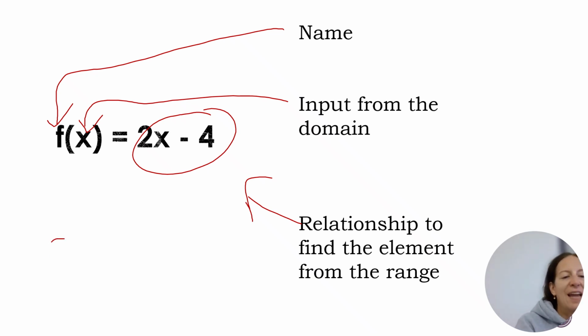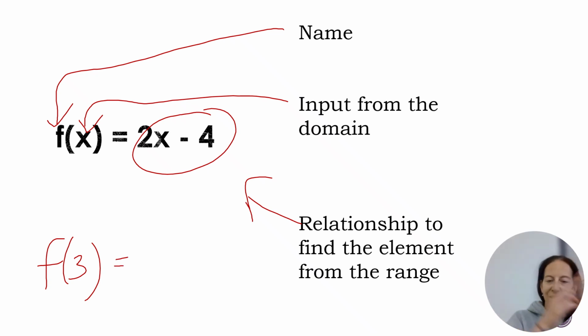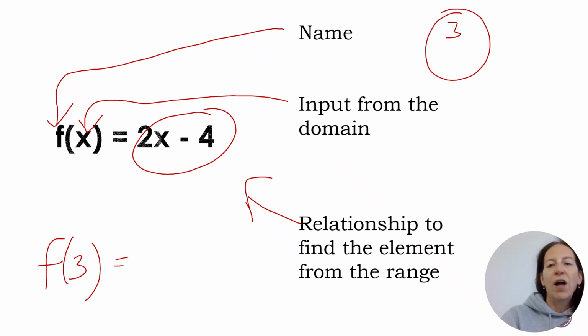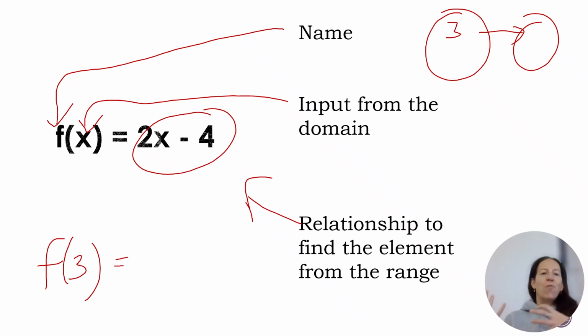So if you were to see f of 3, which is how you would read that, it means, hey, pull a 3 out of the domain. That's the number we're looking for. So we've got all these numbers, we're going to pull a 3, and it's asking you to find what is the element in the range that it maps to. Well, you've got your little equation here.